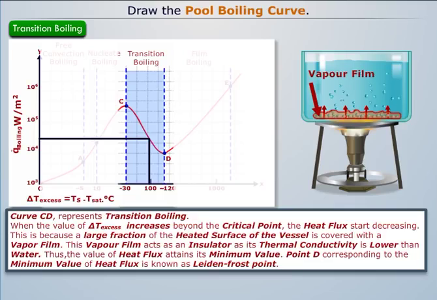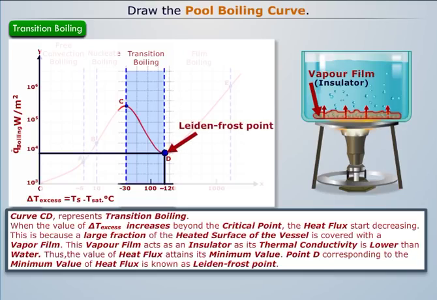This vapor film acts as an insulator as its thermal conductivity is lower than that of water. Thus, the value of heat flux attains its minimum value. Point D corresponding to the minimum value of heat flux is known as the Leidenfrost point. In curve CD, both nucleate and film boiling take place partially. Thus, this stage is known as transition boiling.